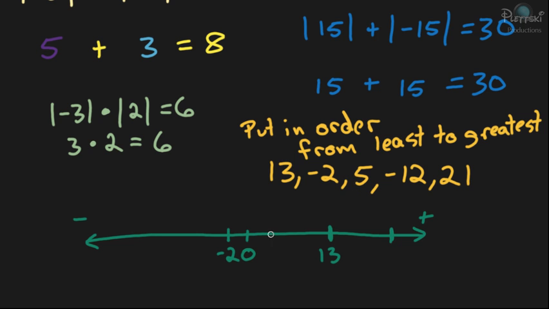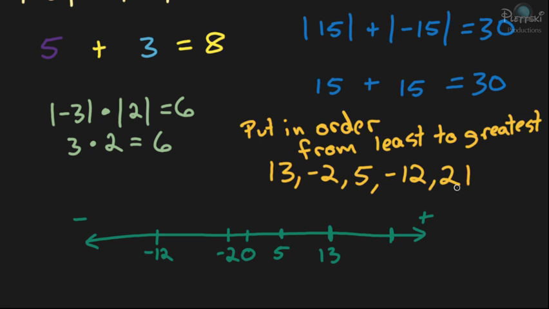And then we have 5. Well, 5 is in between 0 and 13, so we'll put it about there. And the next one is -12. Well, that's farther to the left than the -2, right? You go -1, -2, -3, -4, and eventually you get to -12 over there somewhere.